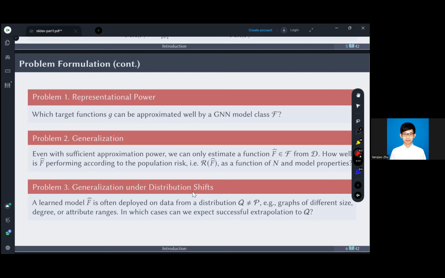In which cases can we expect successful extrapolation to Q, given that a model is trained on P? This is the problem of out of distribution generalization. Due to the time limitation, we are going to focus on the first problem in my presentation, and maybe some days later I can share the other two problems.